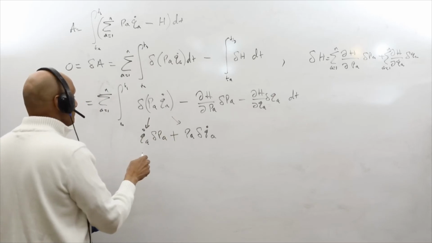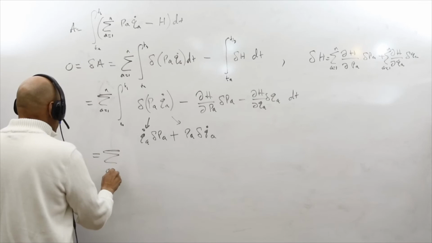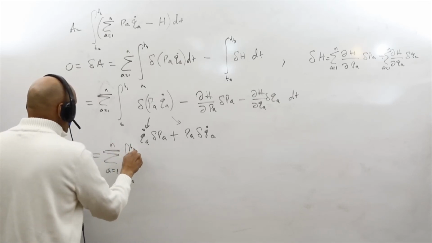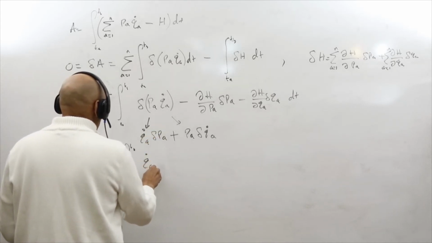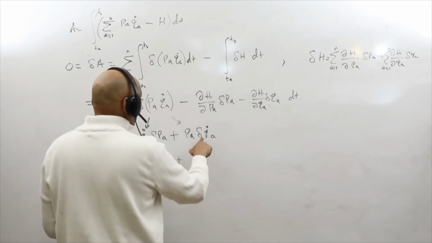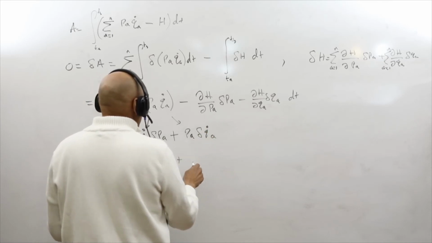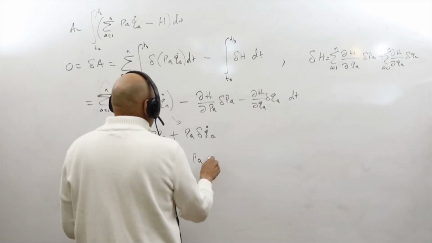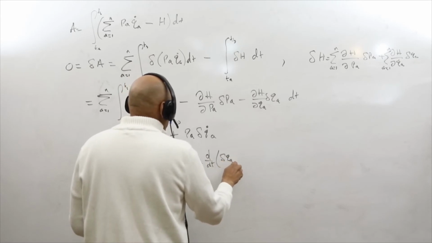So I don't feel like rewriting this, but I guess I'll have to. So I'll simplify this and say this is really Q dot A variation of PA plus. Now the variation of a derivative is the derivative of the variation, so this is really PA variation of QA.